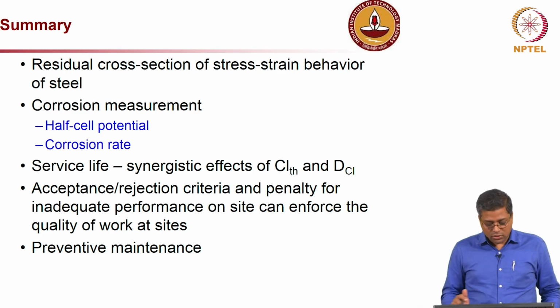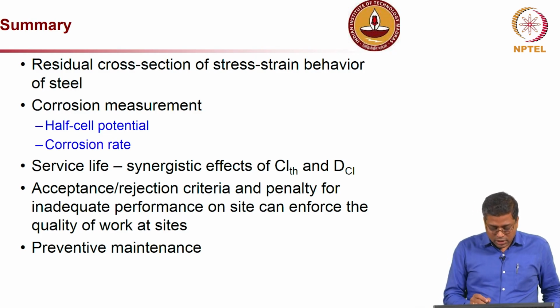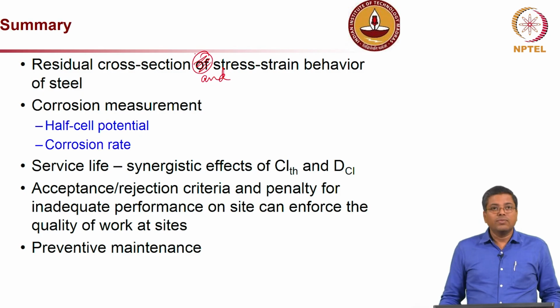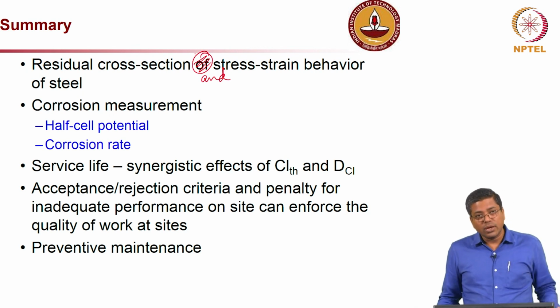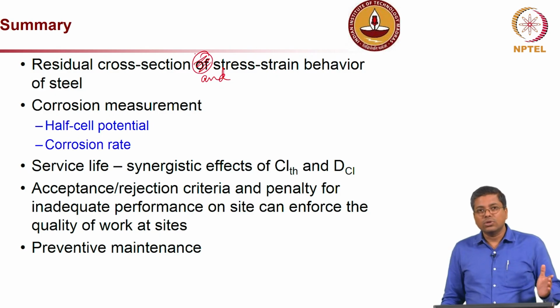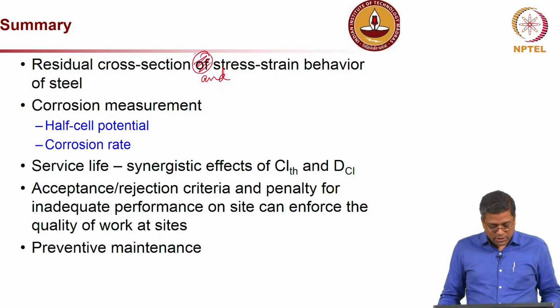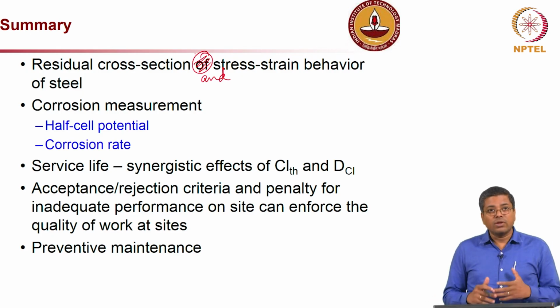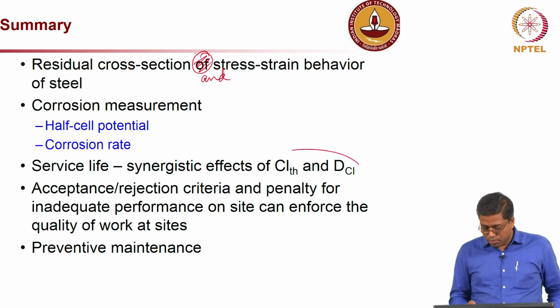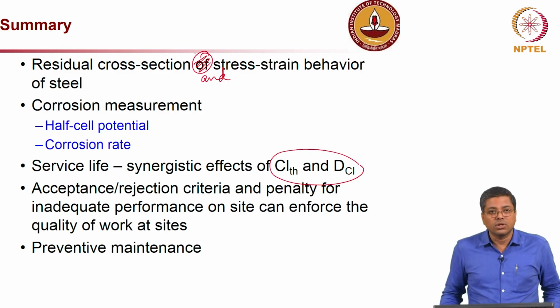and stress strain behavior of steel. And then we also looked at how to measure half cell potential and corrosion rate and how they can help in determining the probability of corrosion and also the remaining service life respectively. And then, when you estimate service life, we must look at both chloride threshold and diffusion coefficient.